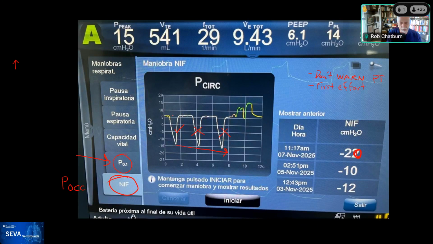It's not the NIF, because NIF is defined as the single lowest negative pressure. So that's an error people can make if they don't understand how this ventilator works. Yes, it's how much you would fall from the baseline all the way down. That's POC, not NIF. Yes, excellent.